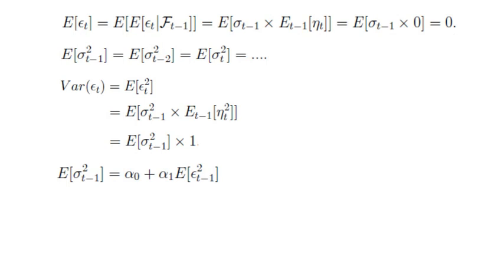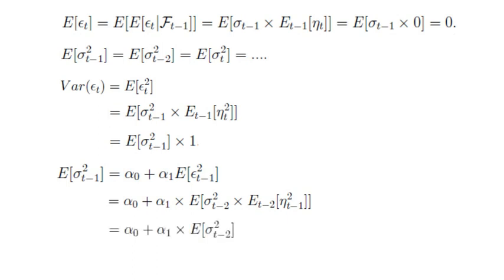And we end up with that second equation here. Now again, note the conditional expectation of eta squared t minus 1, conditional on t minus 2, is 1. And therefore we just derived that the expectation of sigma squared t minus 1 equals alpha 0 plus alpha 1 times the expectation of sigma squared t minus 2.